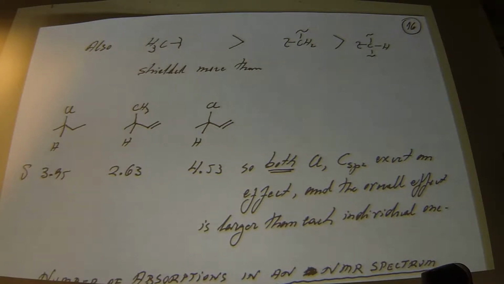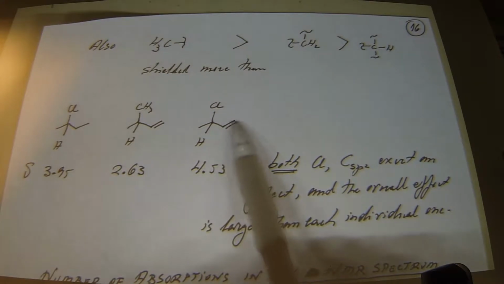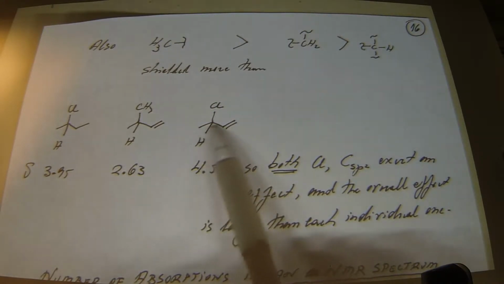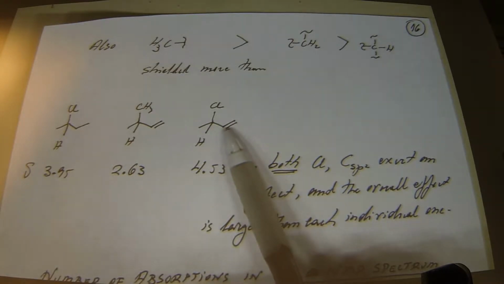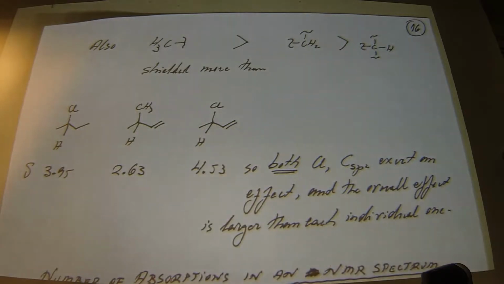It's completely consistent with what we said about the pKa of alkyne versus alkene versus alkane. That was the last time we talked about that. And so the presence of an sp2 hybridized carbon atom pulls electron density out of this bond, polarizing it towards the sp2, meaning that this is now de-shielded.